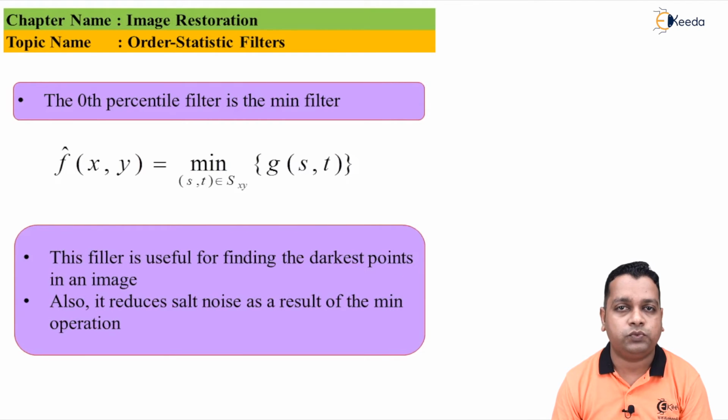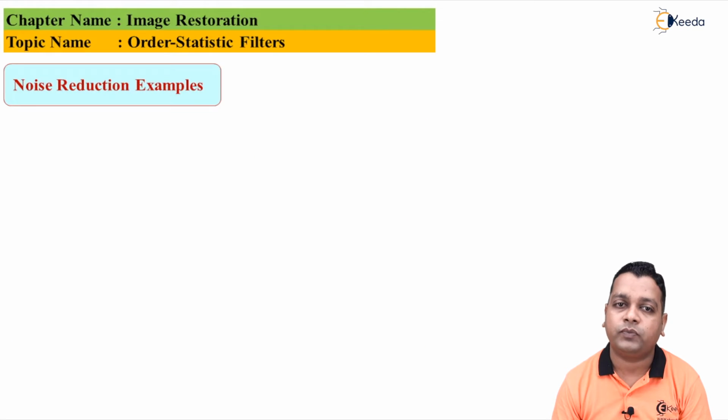This filter is useful for finding the darkest point in the image. Also, it reduces the salt type of noise as a result of the minimum operation.